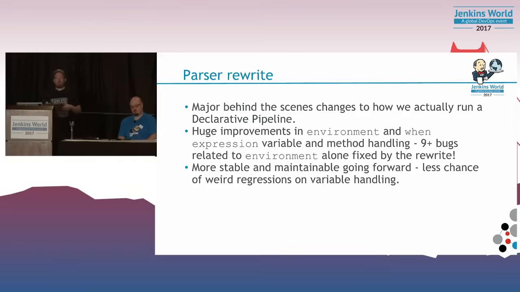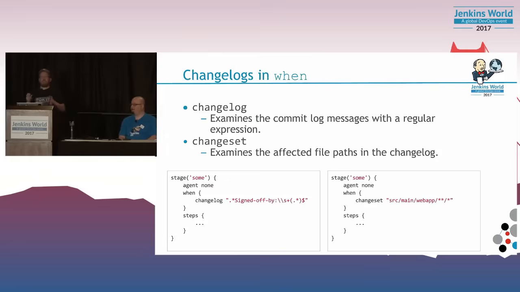So again, changelog and changeset. This is a cool feature that Bobby added recently. There are two new when conditions to go with the anyOf, allOf, not, branch, expression, and environment. Now we have changelog and changeset.